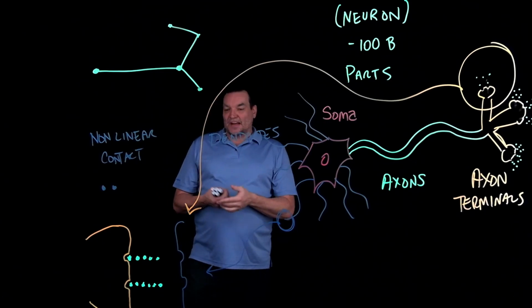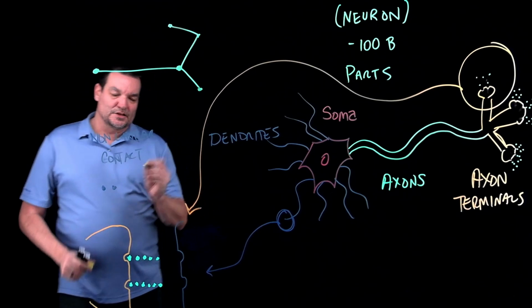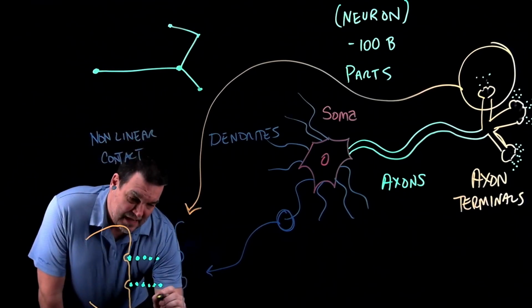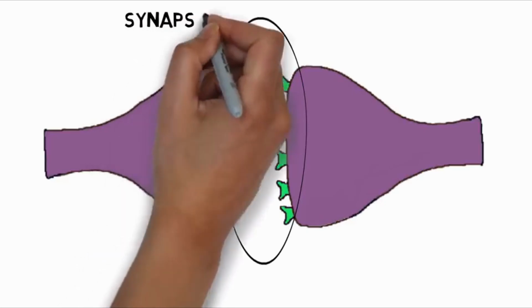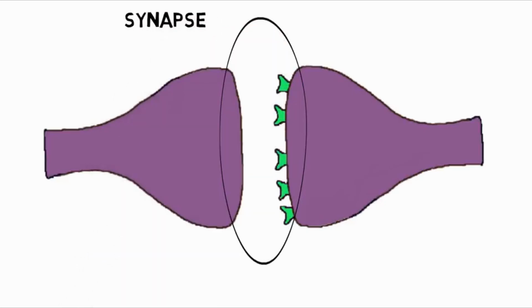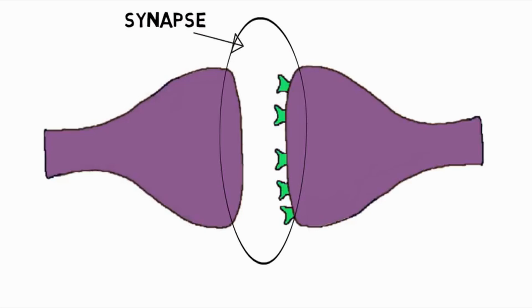Now, I said they don't actually connect. What you should notice by now from the illustration on the screen is that there is space separating the axon terminal of one neuron from the dendritic receptor of another.